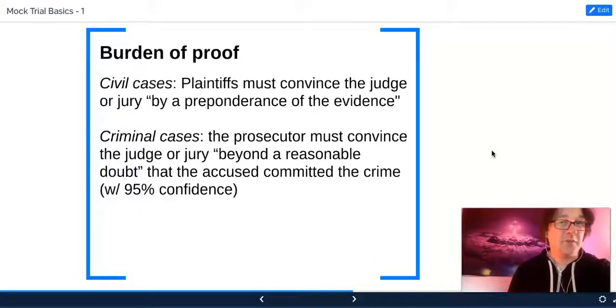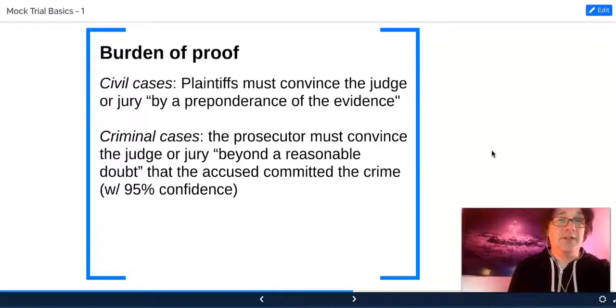For criminal cases, the burden of proof is much higher. The prosecution must convince the judge or jury, usually a jury, beyond a reasonable doubt that the defendant has committed a crime. When we refer to beyond a reasonable doubt, we could often think of this in terms of our alpha level that we use when we reject a null hypothesis.